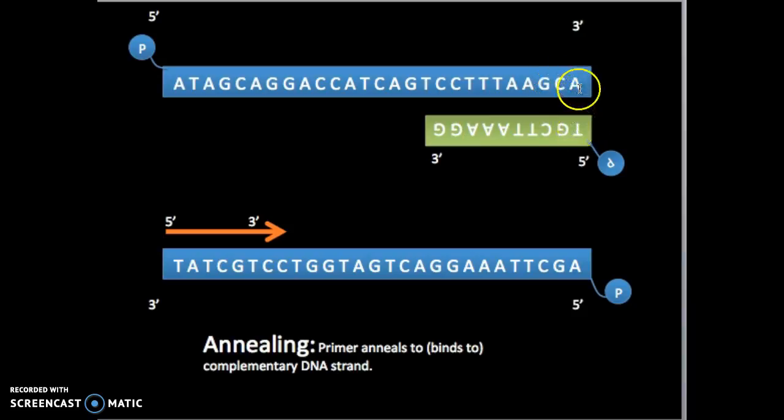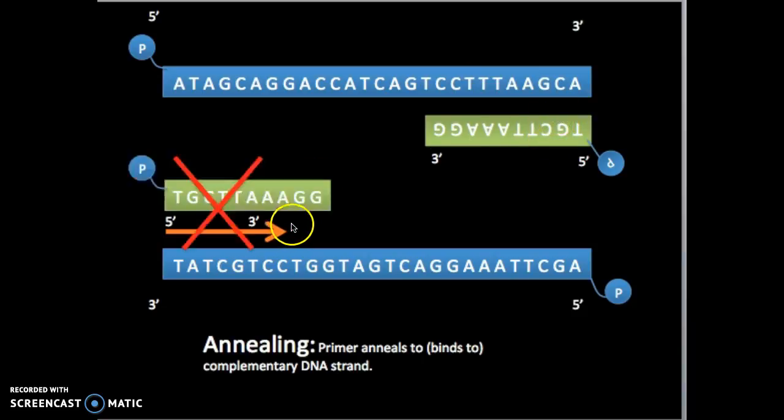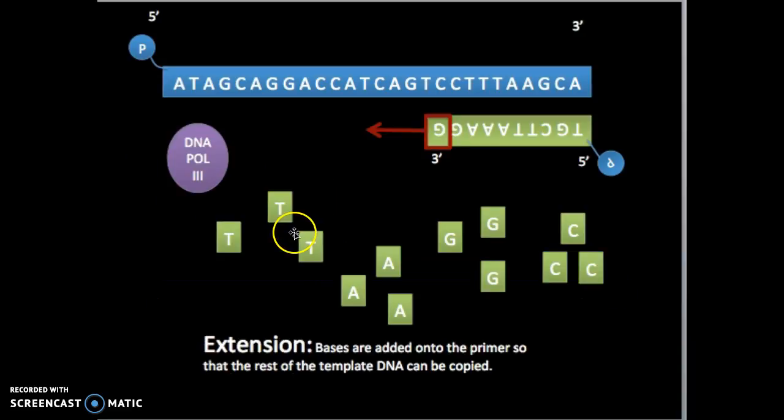So you have TA, GC, GC, TA, TA, so it'll match that sequence from the original strand you were given. It's always going to bind in that direction. We're not going to worry about this second strand anymore. It's not important to our problem, so we're just going to get rid of it.